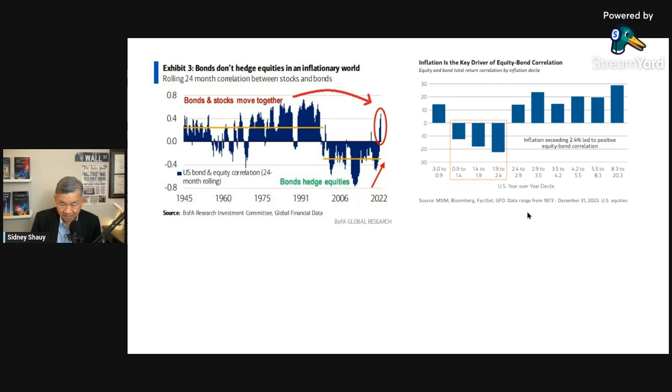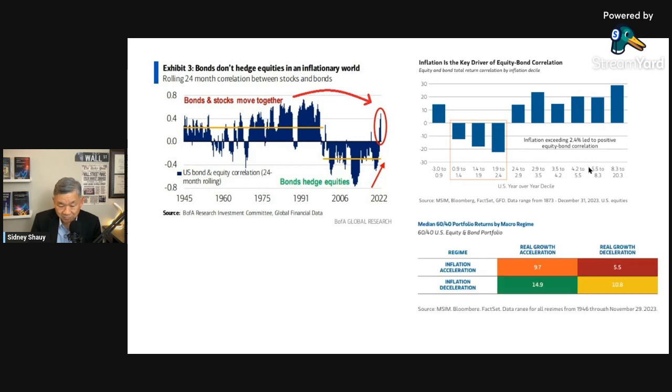One of the drivers, as we just saw, is inflation. The early 2000s was a period of low inflation, so that's why we got the negative correlation. But as inflation rose, we've seen the correlation between stocks and bonds become positive. So that's a problem.